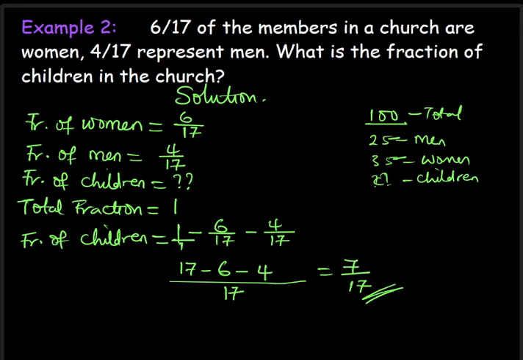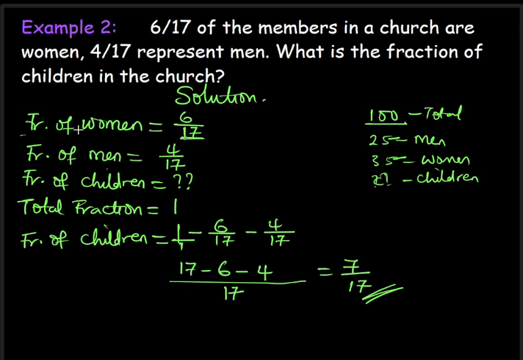Okay, so please, I believe you understand that fraction is now coming in as a different number system from the normal whole numbers. So if you have a total fraction and then you've given out some fractions, just do as if you are doing normal numbers, but you are in fraction. And make sure if something is a fraction and you want to represent it, just like I wrote here, you see, I took time to say this is the fraction of women. I didn't say number of women because this thing here is a fraction.